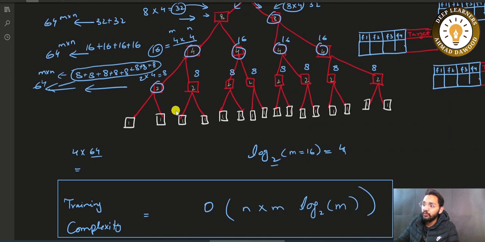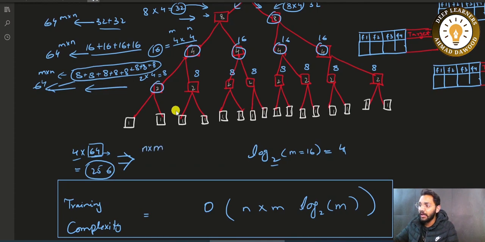Because at each level we have to check 64 values to find the best split, in total how many times will we check the values? You can say 256 times you have checked the split values, 64 split values 4 times. And if you want to write that in the form of notation, 64 you can calculate by n cross m, where n is the number of features and m is the number of samples, and how many levels are in our decision tree you can calculate by using log of m.